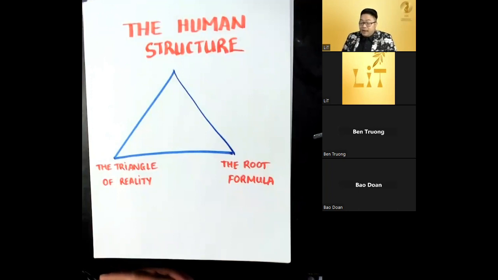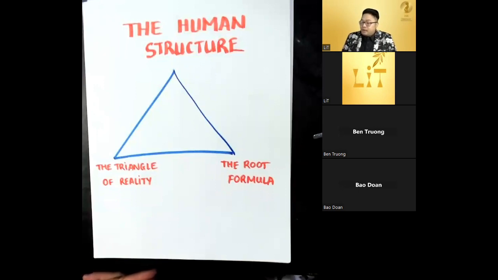The root formula says that once we have a clear image of what we truly want in life, that image will materialize and become reality. Knowing that, we will be more in control of what kind of reality we seek.